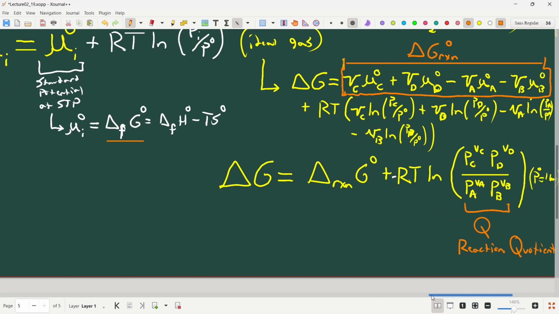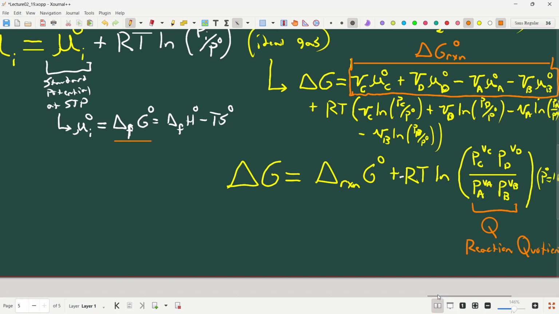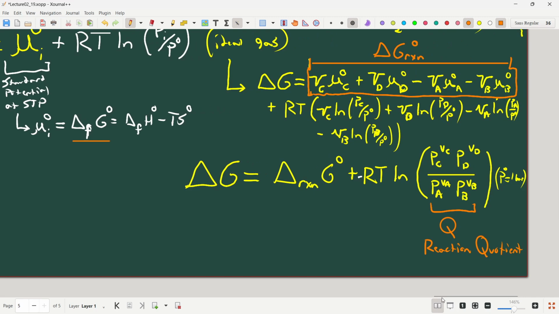All right, just one more line. It says that the Gibbs energy at any point along the reaction is the Gibbs energy of the reaction plus RT times the log of this quotient, which has to do with the partial pressures or the concentrations raised to their stoichiometric powers. So let's assume the system's at equilibrium.